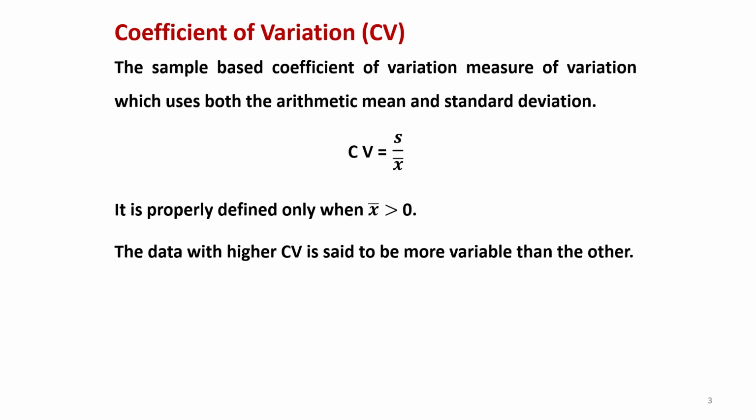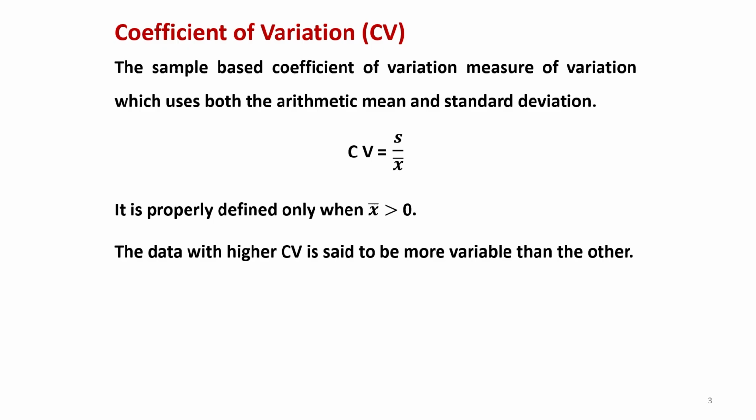So in order to compare such data sets, we have the concept of coefficient of variation, and we try to compute the standard error or say standard deviation, and we try to compute the arithmetic mean of the sample data.